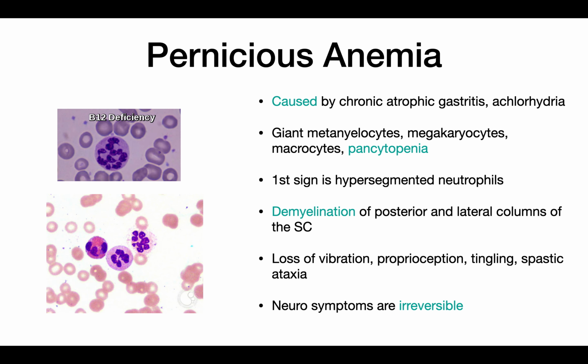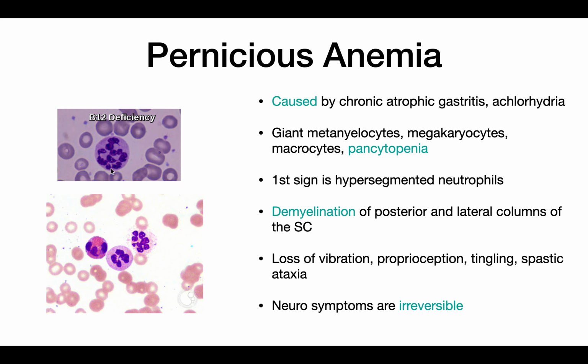Pernicious anemia, B12 and intrinsic factor deficiency, is going to be caused by chronic atrophic gastritis or achlorhydria. It's going to be characterized by giant metamyelocytes, megakaryocytes in the blood, macrocytes, and in general pancytopenia.